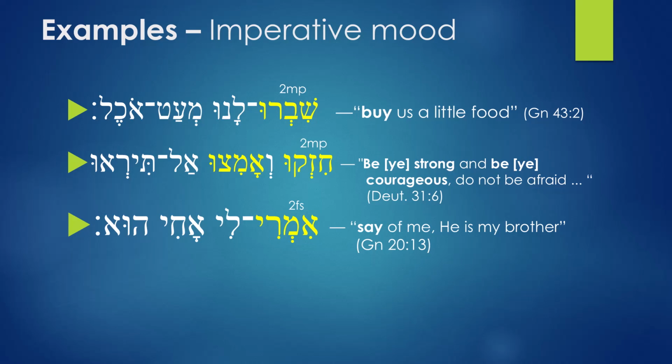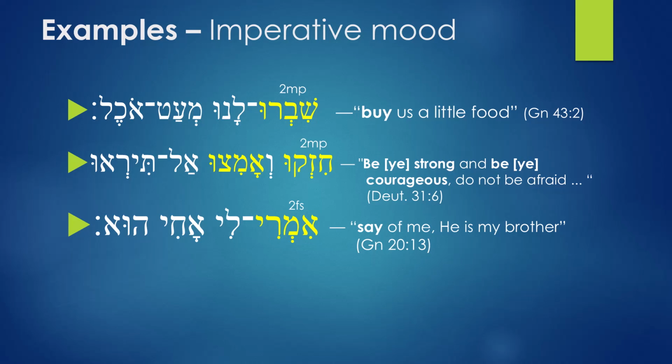Ochel means food. Me'at means little. So the translation becomes, buy for us a little food. Or buy us a little food.